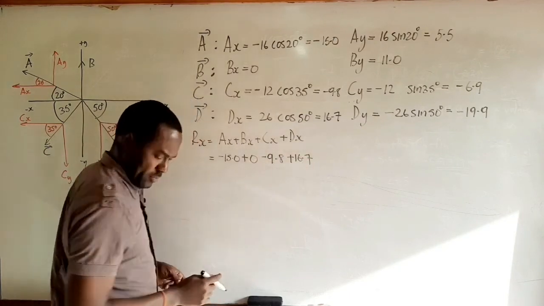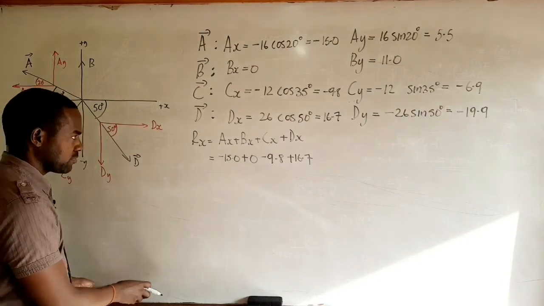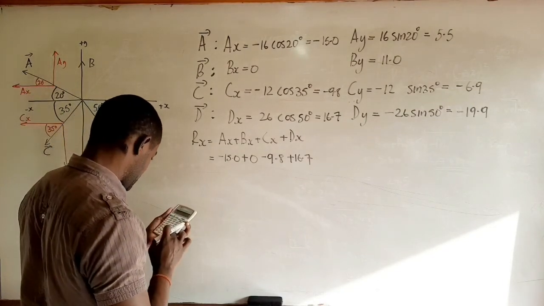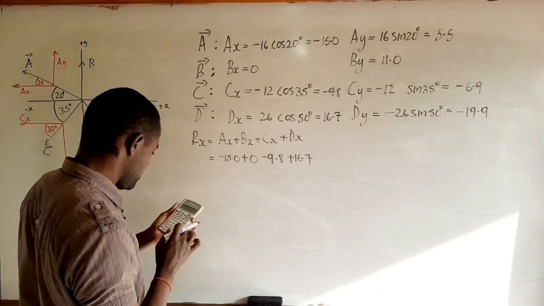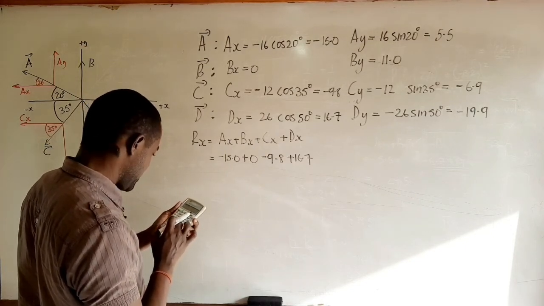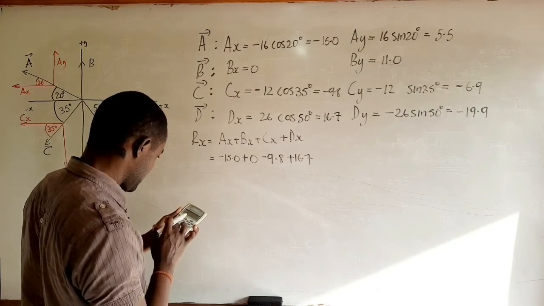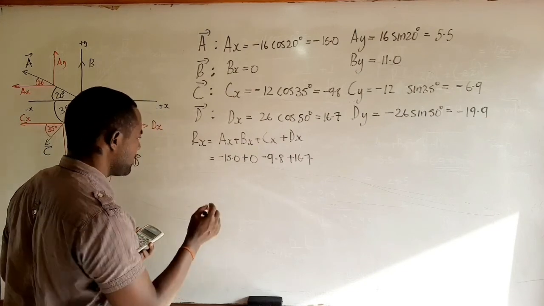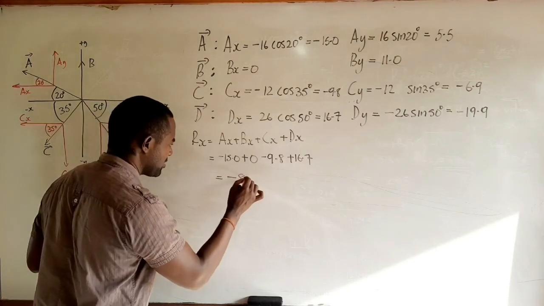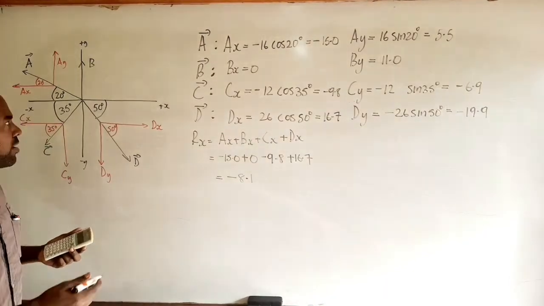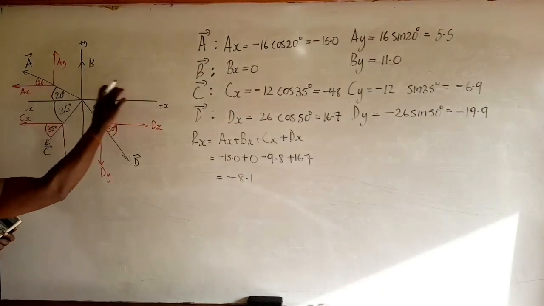What does that give us? Negative 15 minus 9.8 plus 16.7 equals minus 8.1. And again, the minus sign tells us whether it's acting along a positive direction or a negative direction.